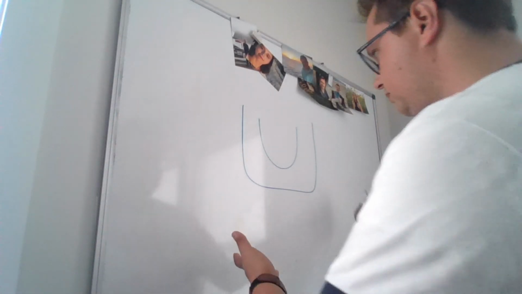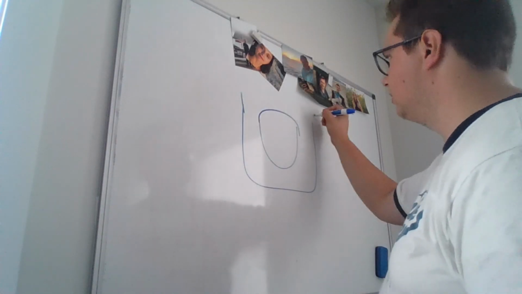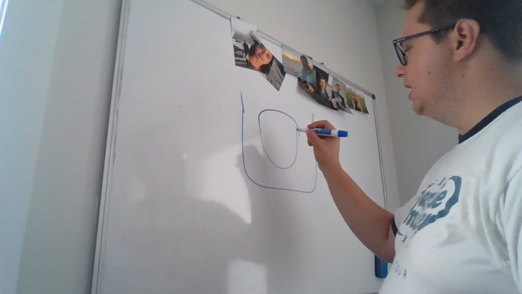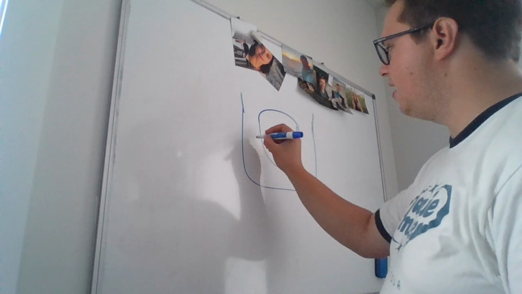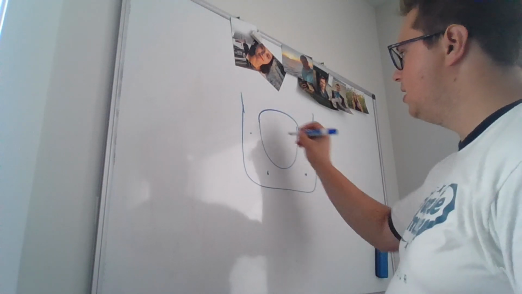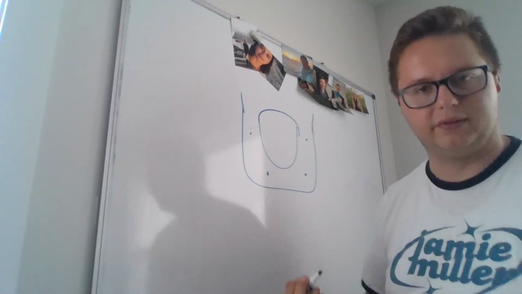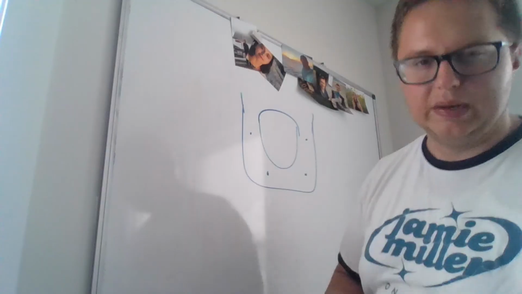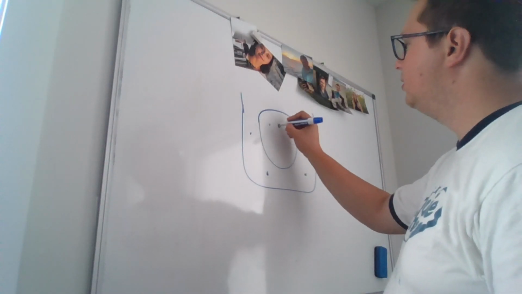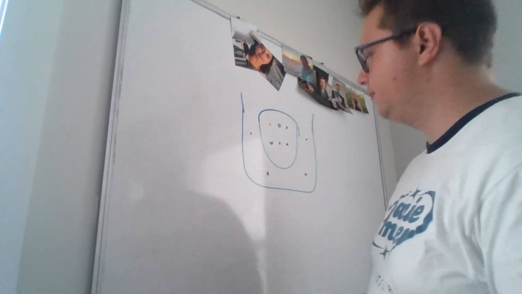So let's say we have a cell within a beaker, some sort of solution. Here's our solute. We're going to say there's 4 particles there. That's not going to happen, but that's what we'll say. Inside the cell, there's 6 particles of solute.